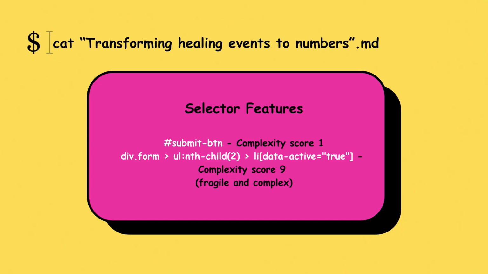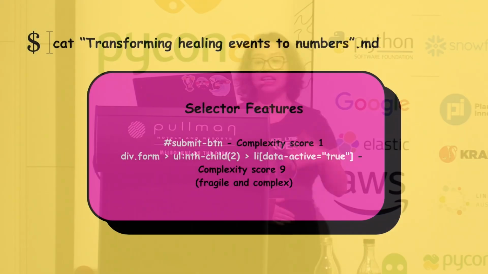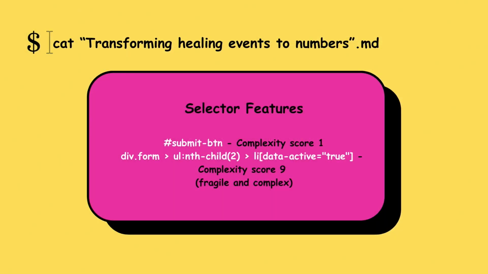The self-healing system extracts 85 distinct numerical features across 6 categories, each designed to capture different aspects of what makes a good healing choice. The selector features convert basic characteristics of the selectors into numbers. For example, string length becomes a character count.